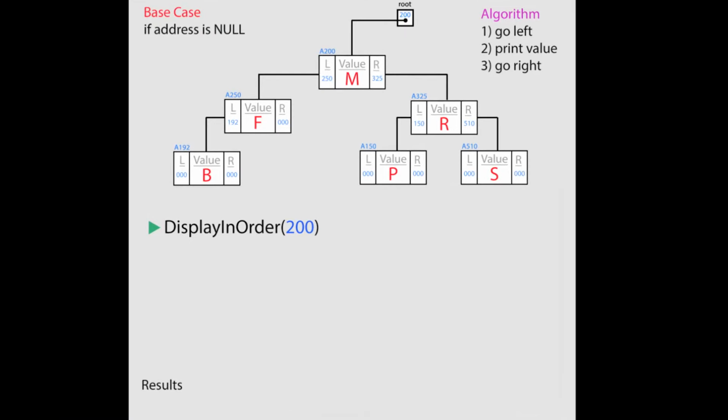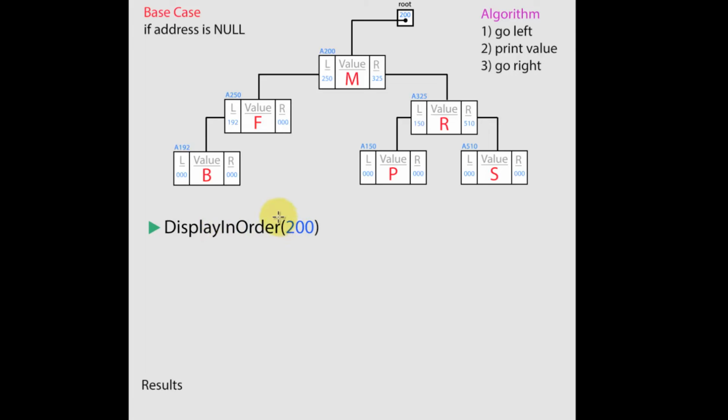Okay, so to display the values in the nodes in order, we're going to need to follow an algorithm, right? So that algorithm is, first we go left, then once we meet our base case, once the address is null, then we print the value, and then we go right. Okay, so let's see how this works.